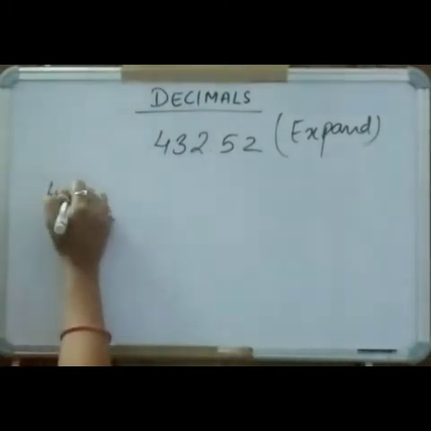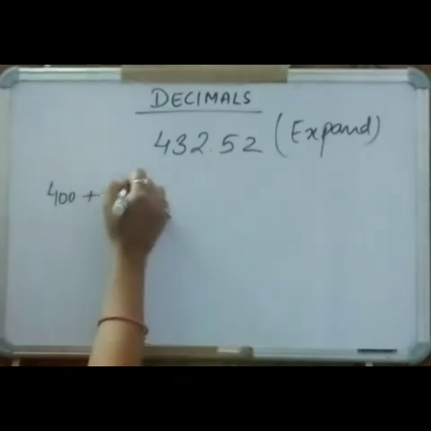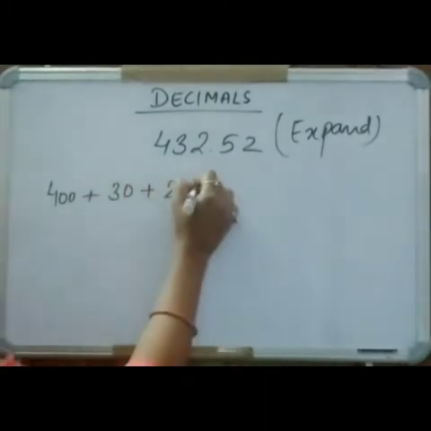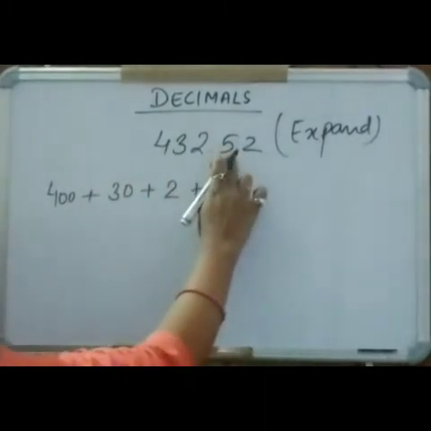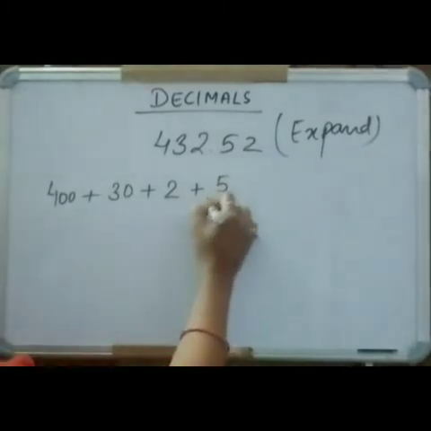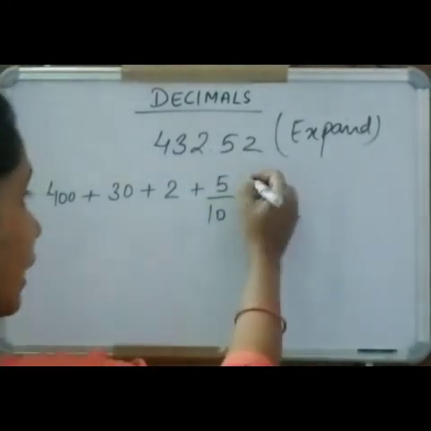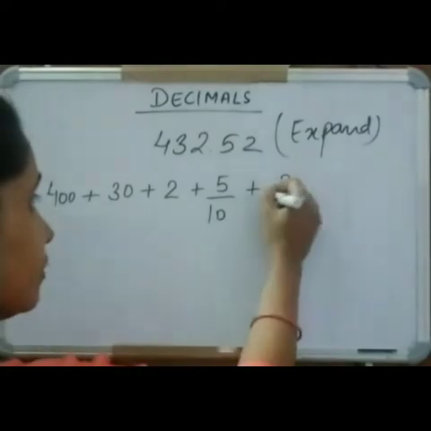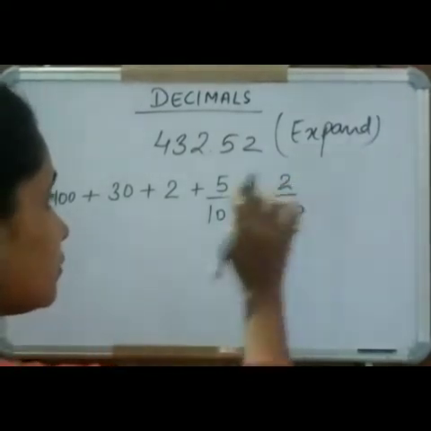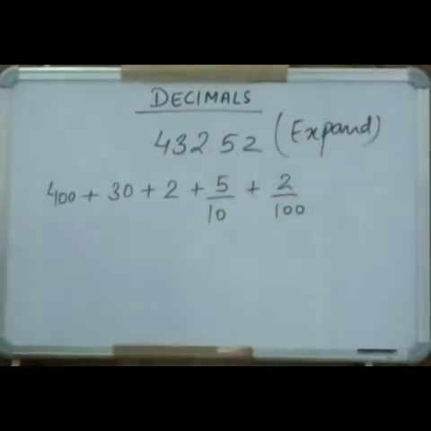So 400 plus 30 plus 2, plus 5 is at the tenths place, so we write 5 upon 10, and 2 is at the hundredths place. We write it like this. Understood how we expand numbers given in decimal form?